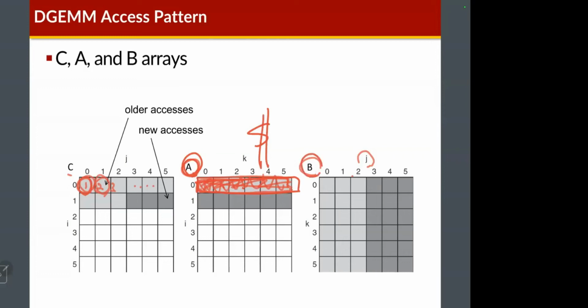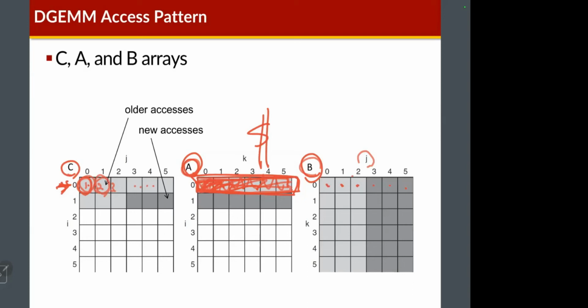But how about matrix B? In order to calculate each element of matrix C, column vectors are used for computation. While the row vector is reused for calculating the first row of matrix C, columns are sequentially selected. Do you understand?